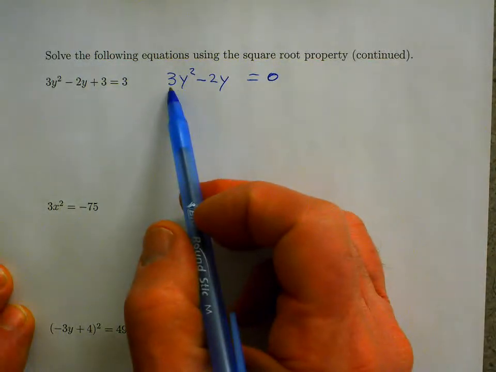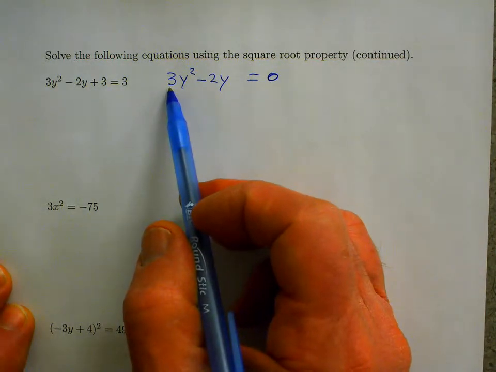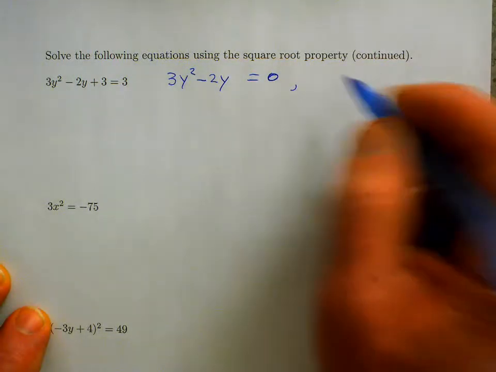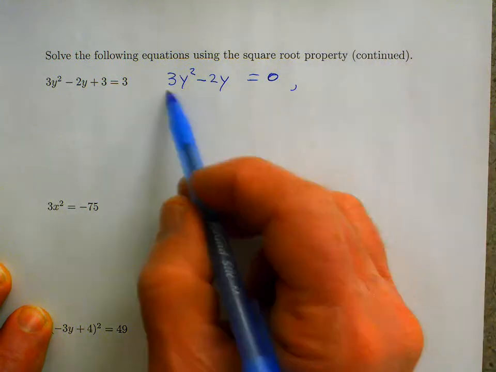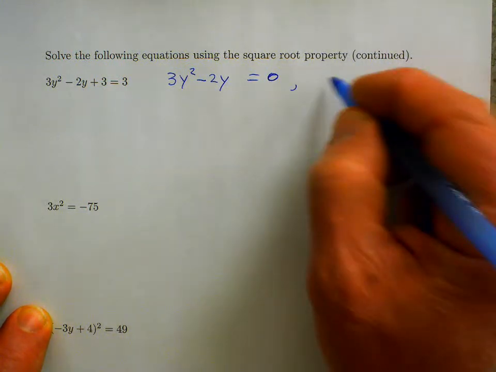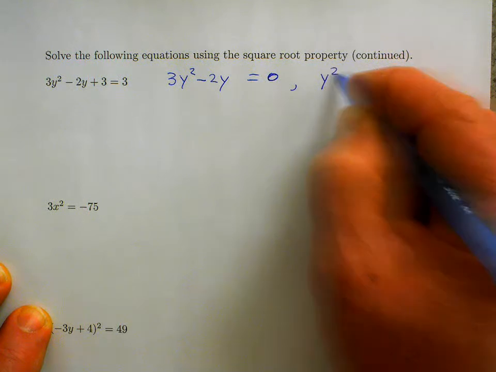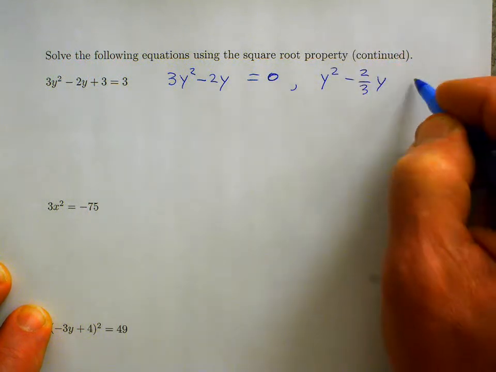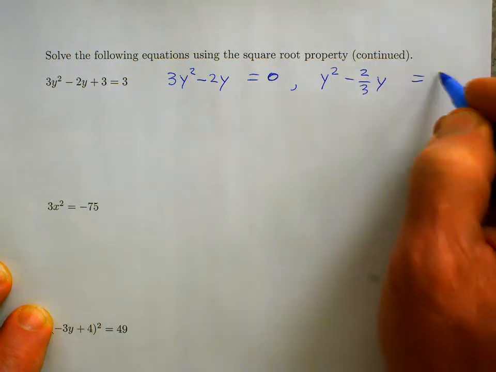And then let's divide every term on both sides by 3. So when we divide every term on both sides by 3, we get y squared minus 2/3 y. 0 divided by 3 is 0.